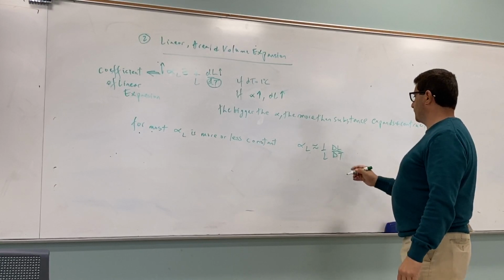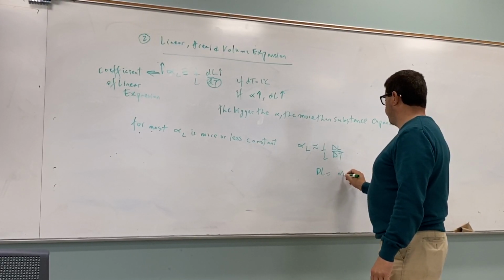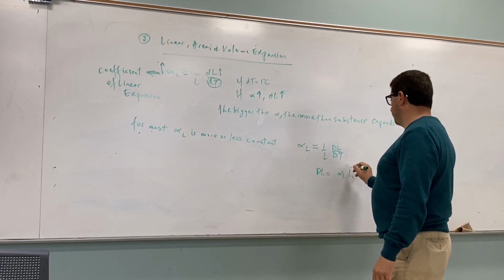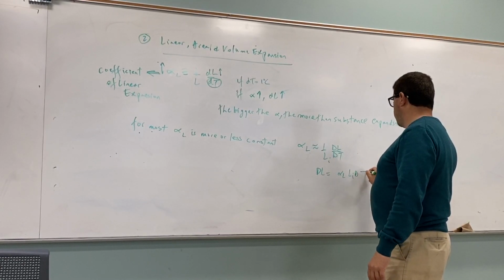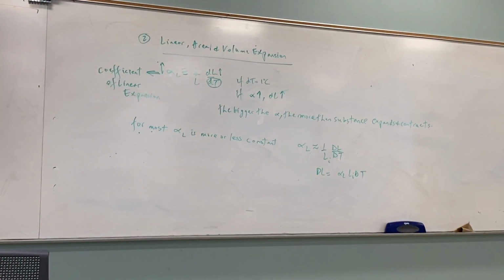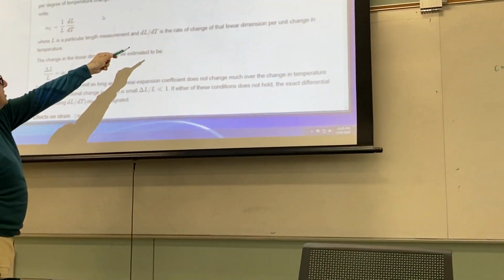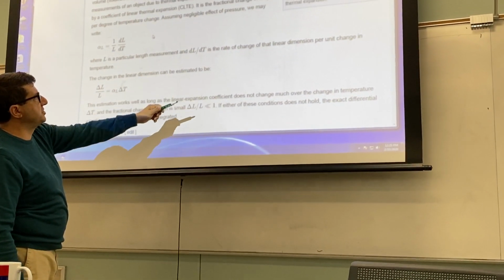So then a lot of times this equation is written like this. Delta L is equal to alpha L, L initial, delta T. It's saying where L is a particular length measurement, dL dt is the rate of change of that linear dimension.